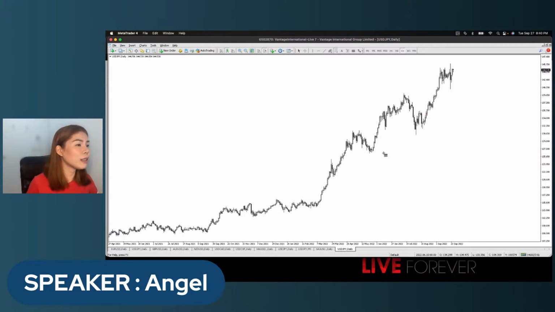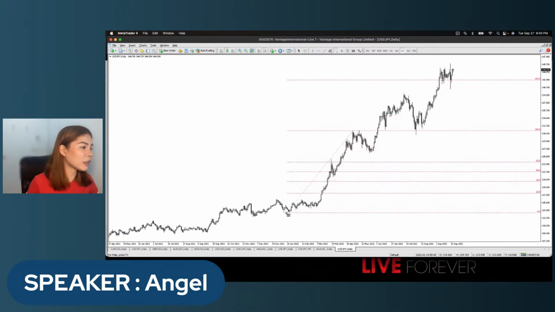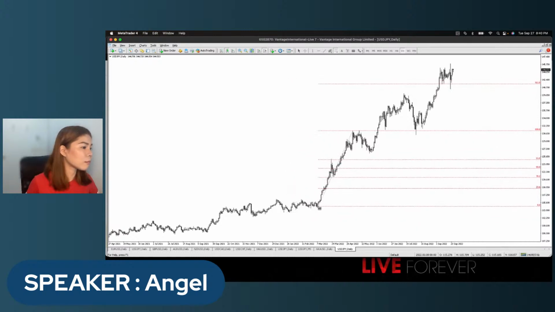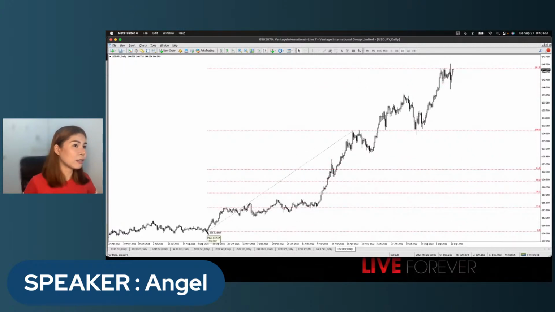For example, let's do here over here. Here. No. Doesn't make any sense for here, right? How about I put it here? See? If I put it here, that means that this one is already on 161.8.